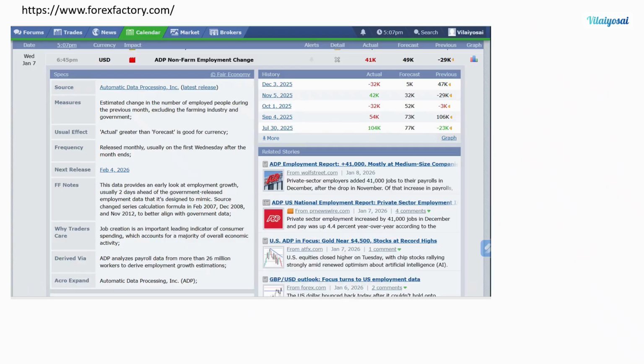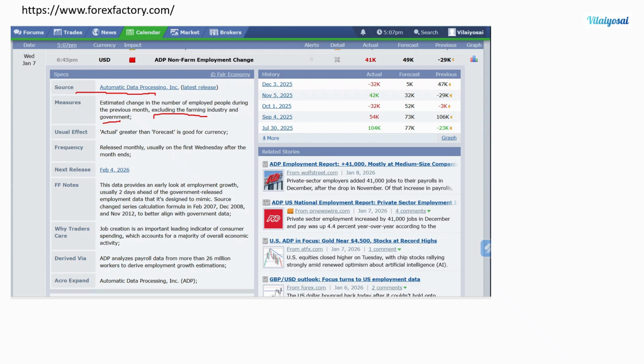This is the Forex Factory calendar. Okay, ADP Non-Farm Employment Change. The source is the company ADP, Automatic Data Processing. You can see the definition here, excluding the farming industry and the government.